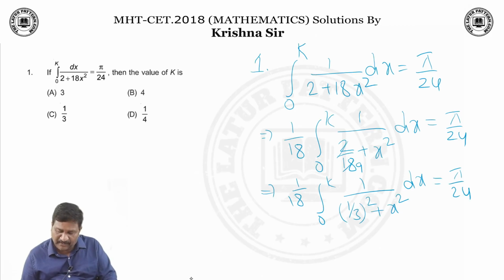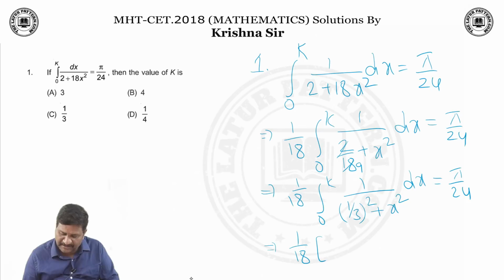It is in the form of 1 upon a square plus x square. The formula is 1 upon a tan inverse of x by a, where a is 1 upon 3.